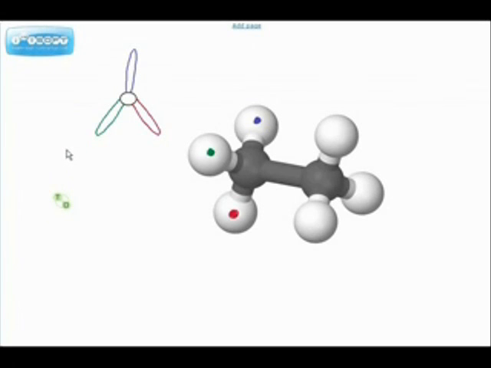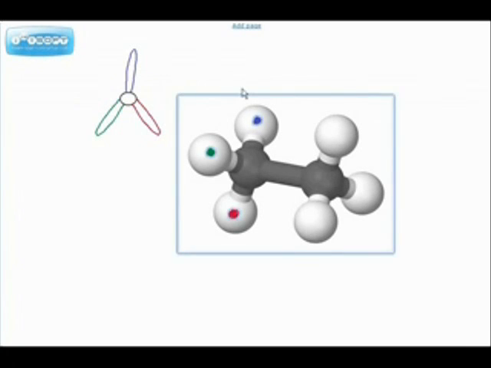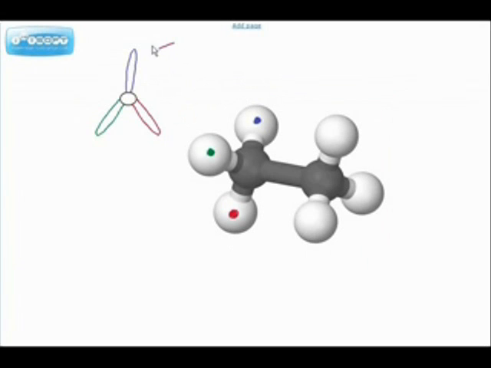If we were to compare these two objects, and we were to say that each color-coded hydrogen corresponds to one of the propeller blades on this propeller, where obviously this corresponds to the blue hydrogen right here, and this green one will correspond to the green hydrogen.